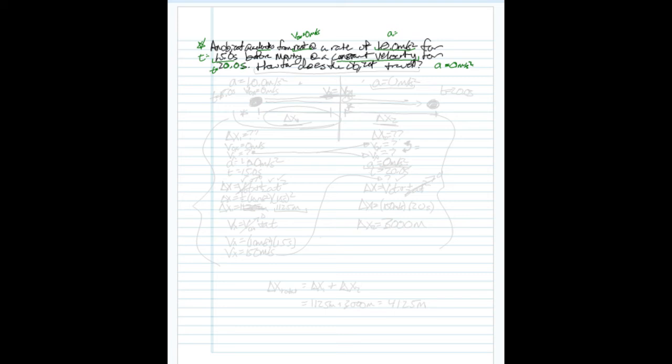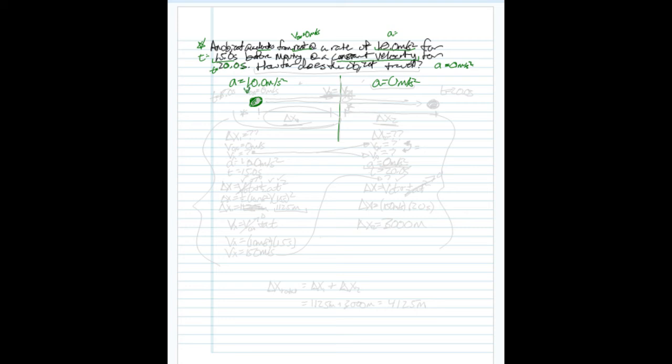Now, if you remember from a few minutes ago, I said that the equations we've been working with only apply when acceleration is constant. I have an acceleration of 10 meters per second squared that then all of a sudden stops. So we're actually going to look at this problem in 2 steps. We have our object. There's my object.